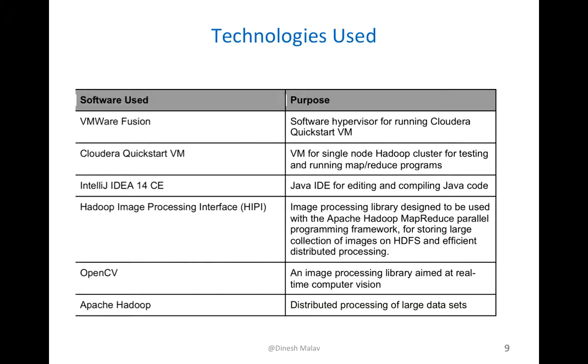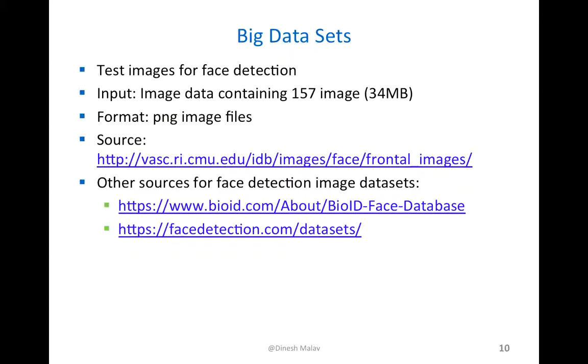There were various technologies used to do this task. The MapReduce program was run on top of Cloudera Quick Start VM running on VMware Fusion. Then Hadoop, HIPI with Hadoop and OpenCV was used to do the rest of the image processing.